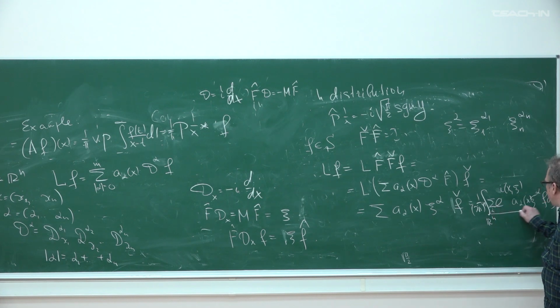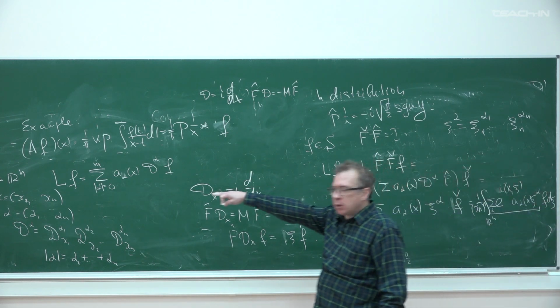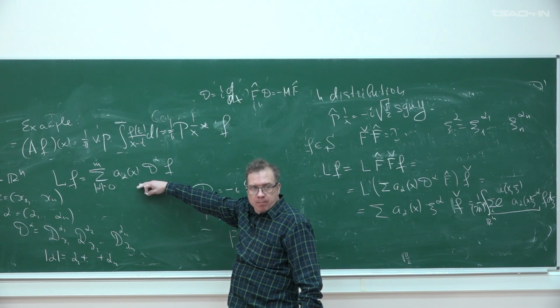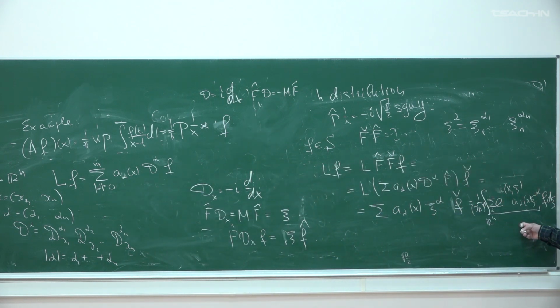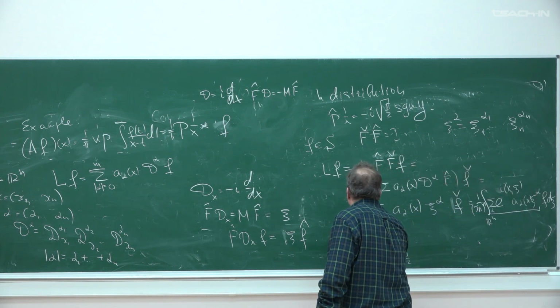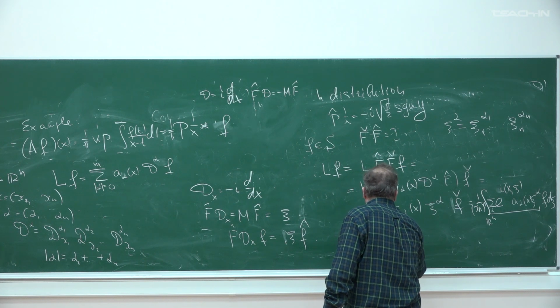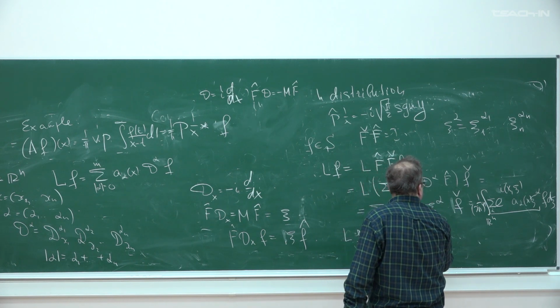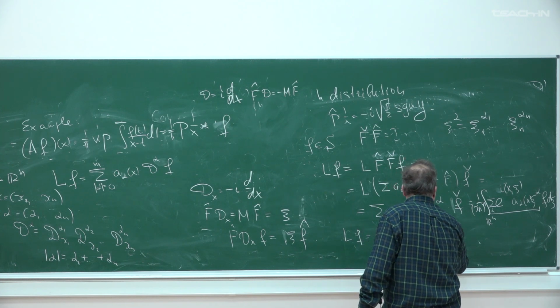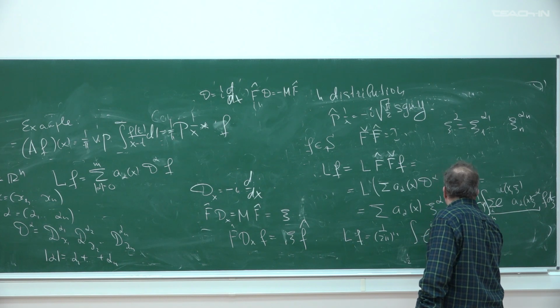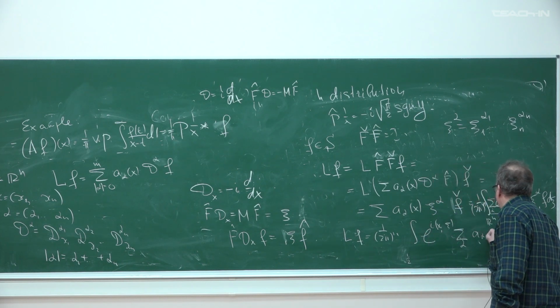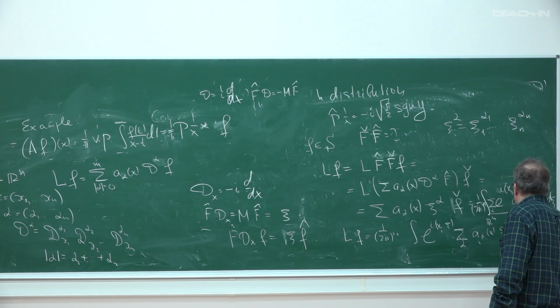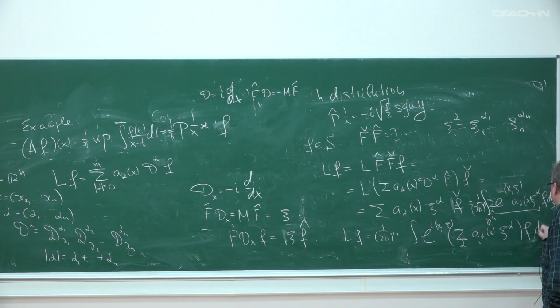This is named the symbol of a pseudo-differential operator. We start with a usual operator. It is a usual differential operator, yes? And here we write it in integral form with some symbol. Here, I rewrite it. LF equals 1 over Pn, integral E x xi, sum alpha a alpha x xi alpha, f dxi.